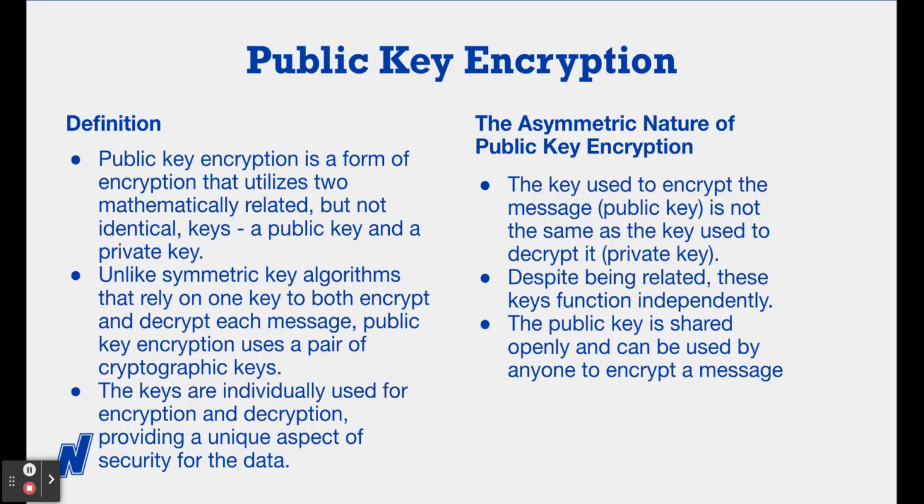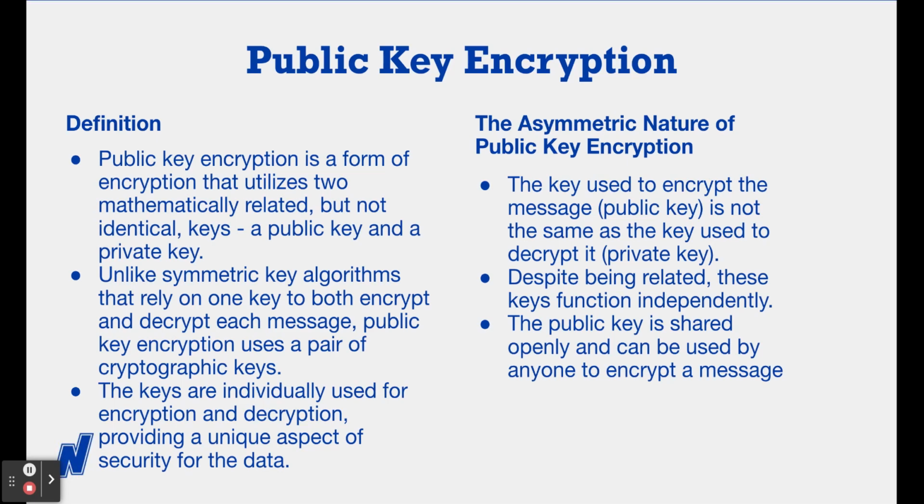So, public key encryption is a cryptographic system that involves two keys. This type of encryption is a cornerstone of modern secure communication, and it is used across a wide variety of applications, from secure emails to secure web browsing and even secure remote access to systems. Unlike symmetric encryption, which uses a single key for encryption and decryption, public key encryption uses a pair of keys.